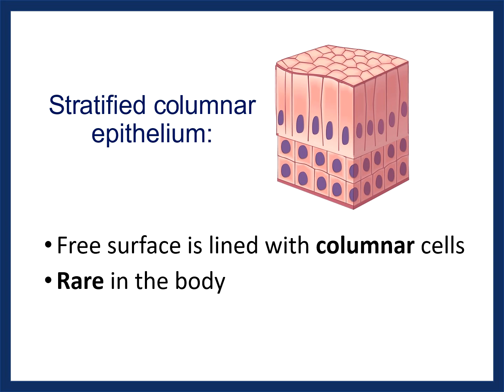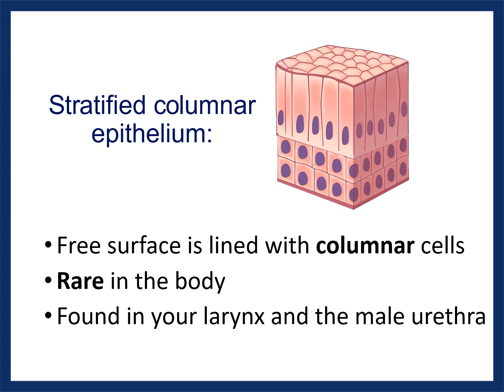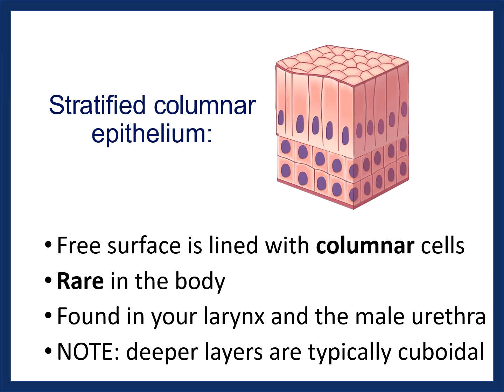These are very rare in the body. We really only find this in your larynx, where your voice box is, leading into the trachea, and in the male urethra. Typically the deeper layers are honestly more cuboidal in shape.